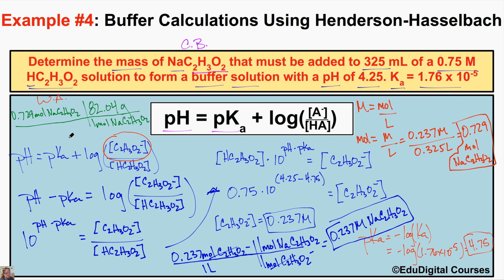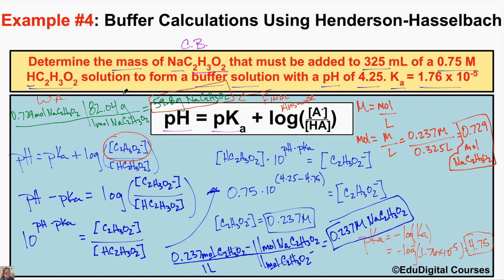So when we take 0.729 and we multiply by 82.04, we're going to end up with 59.8. And this right here is going to be our final answer. So there is a lot of work that's taken place here, but this right here is going to be our final answer.